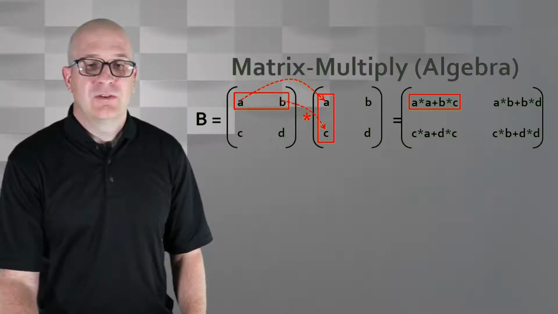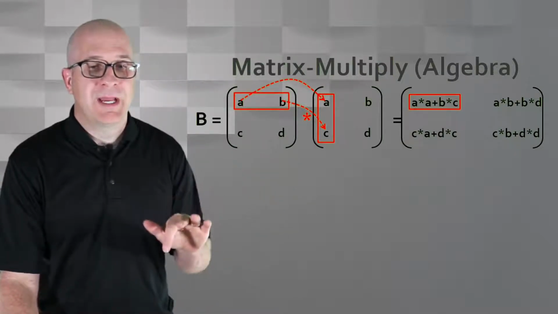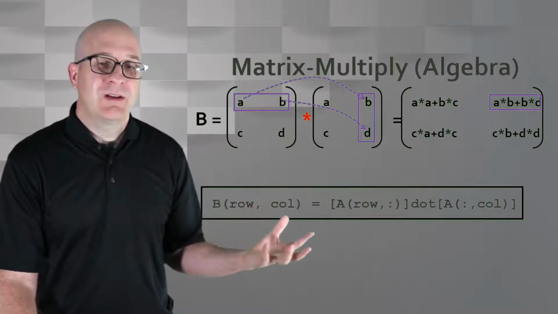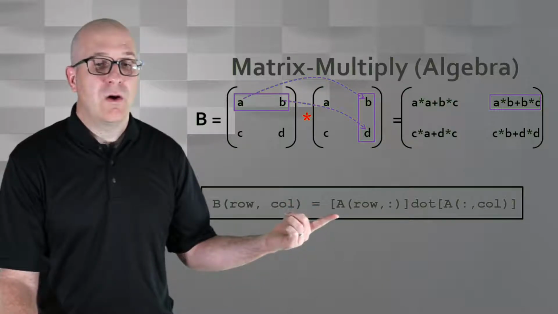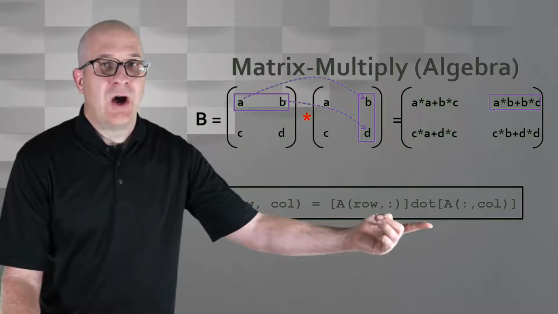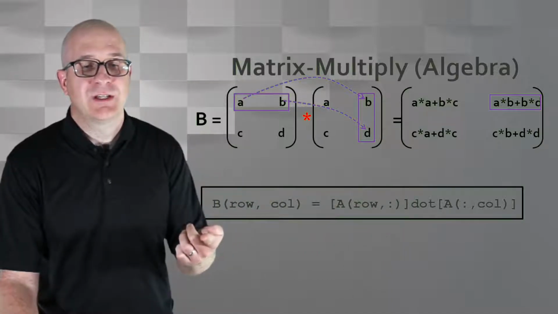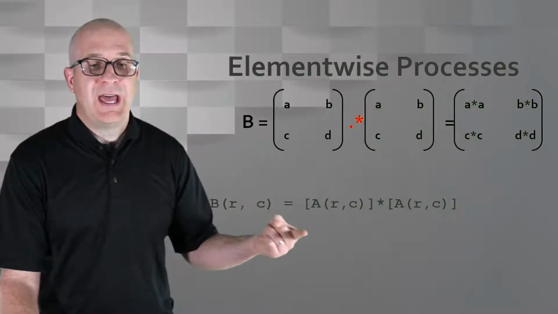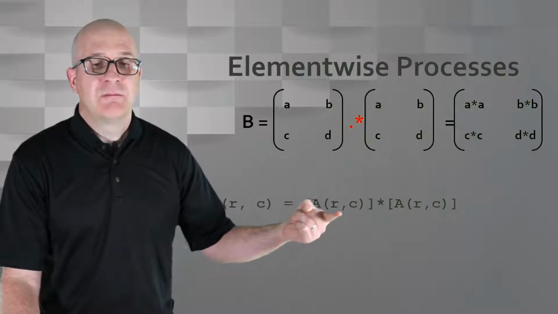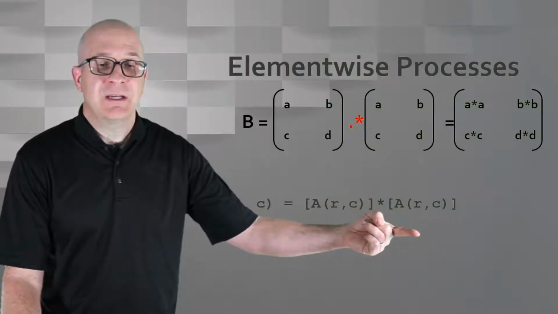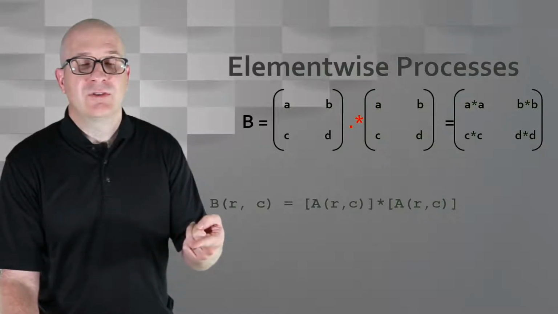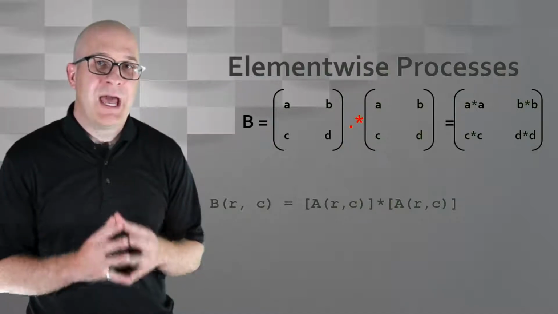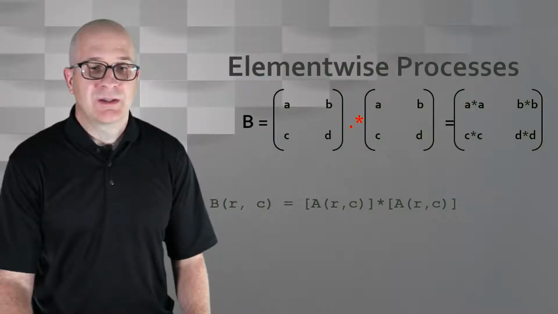Quickly reviewing, we took a row multiplied by a column to get an entry, then another row multiplied by a column to get an entry, which gave us this idea of a row dotted with a column to get an entry of B. The element-wise process was simply that you took an element of the A matrix, multiplied it by the element of the second A matrix, and got the resultant entry in the B matrix. So hopefully this makes some sense for the MATLAB operations that we were using.